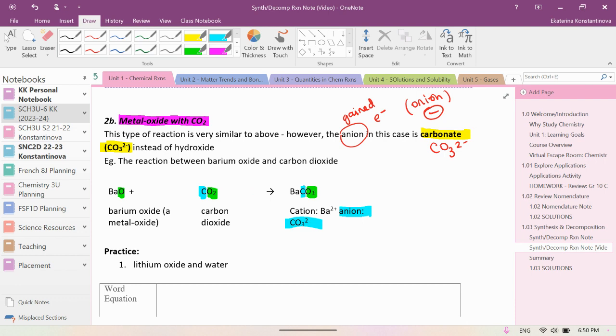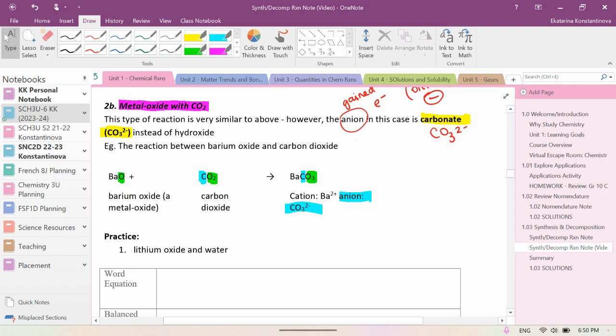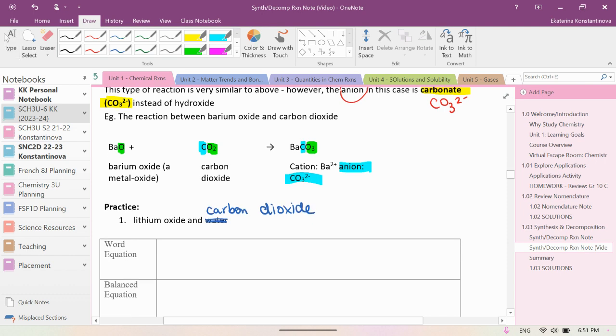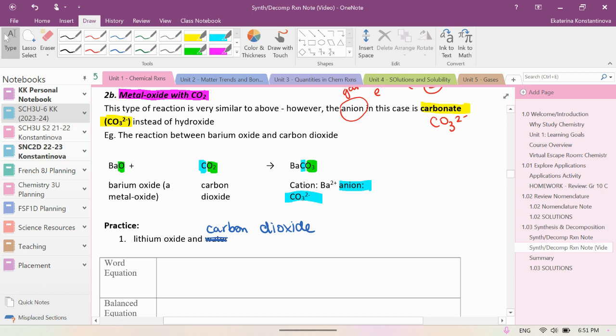Let's try a couple of examples. Let's say I have lithium oxide reacting with carbon dioxide. What kind of synthesis product will we form?